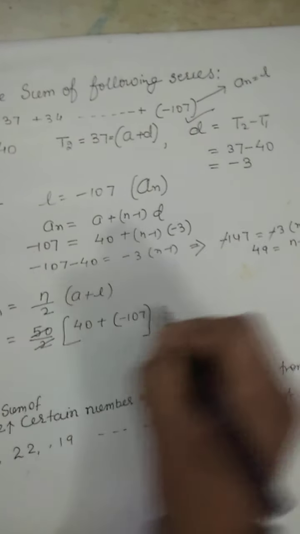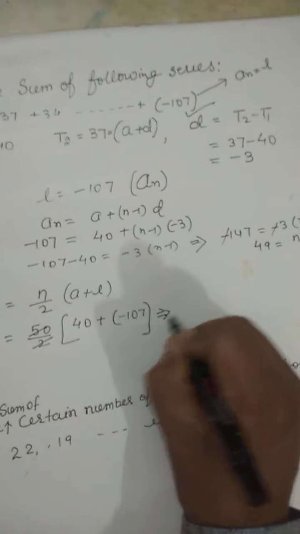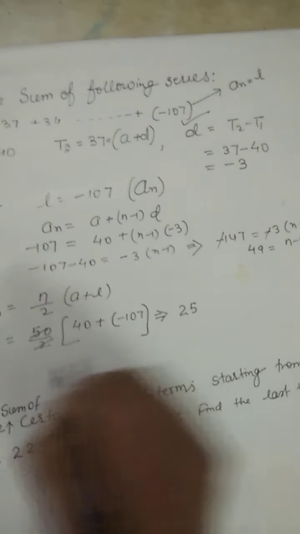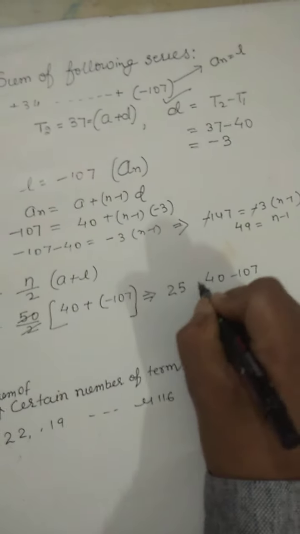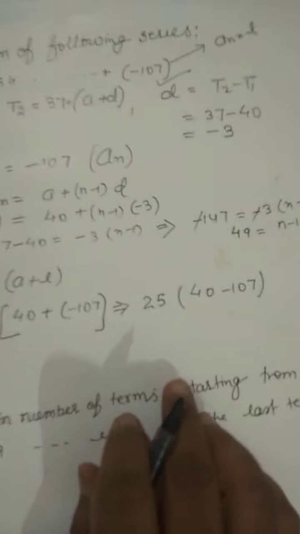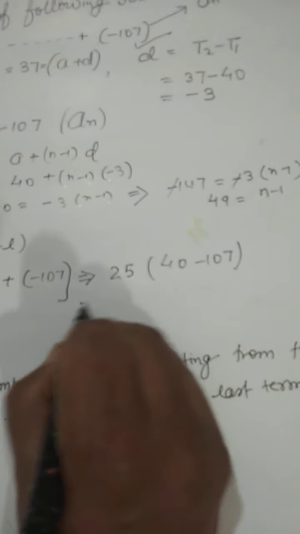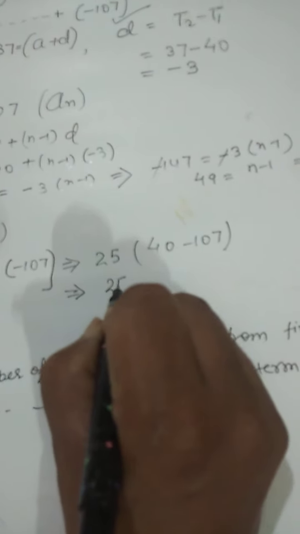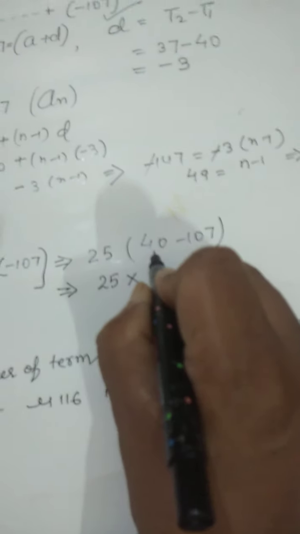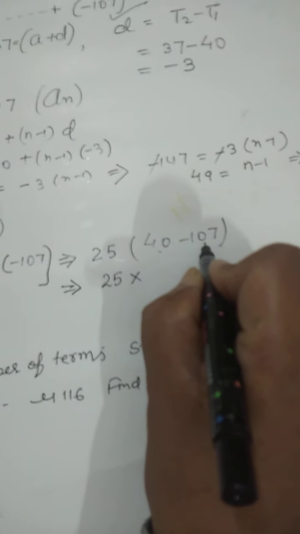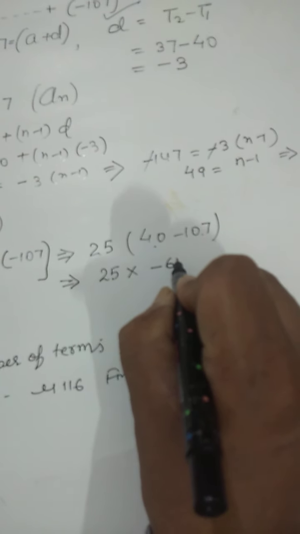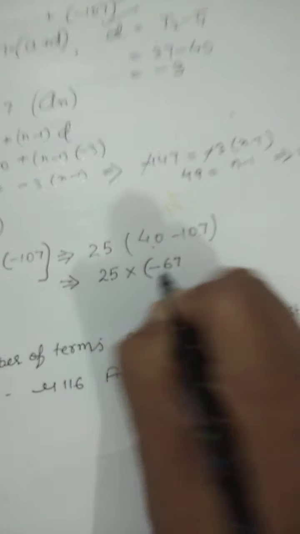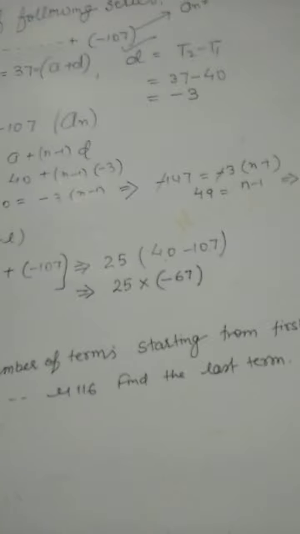This is 25, 25 times 40 minus 107. So 107 minus 40, that is minus 67.